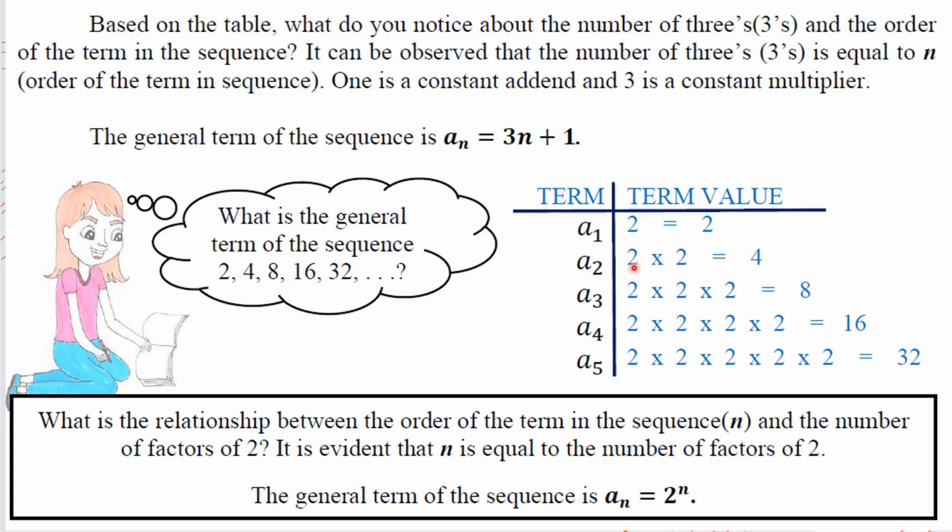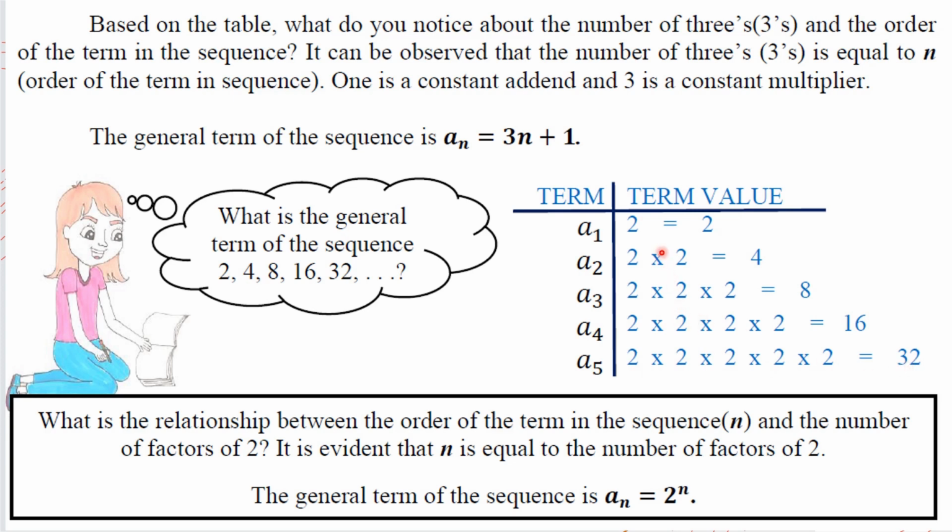At ang 4, pwede natin i-rewrite as 2 times 2. The third term, which is 8, is written as 2 times 2 times 2. Okay? And for the fourth term, 16, 2 times 2 times 2 times 2. Yan. And for the fifth term, 2 times 2 times 2 times 2 times 2 equals 32.